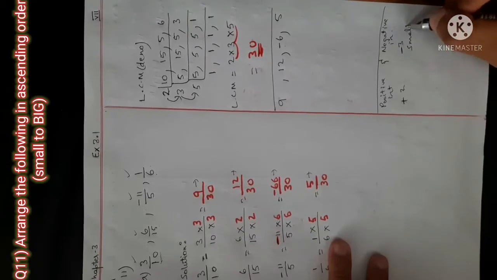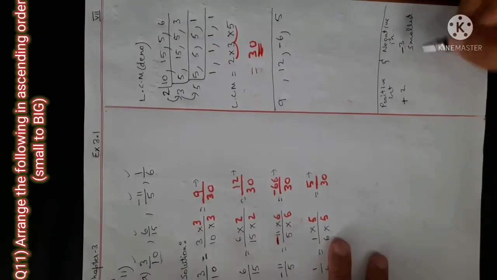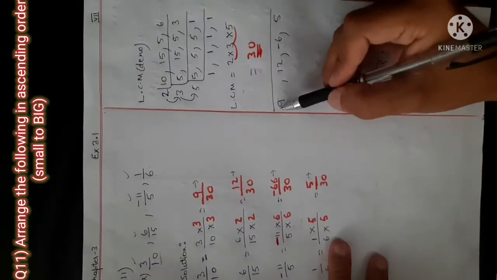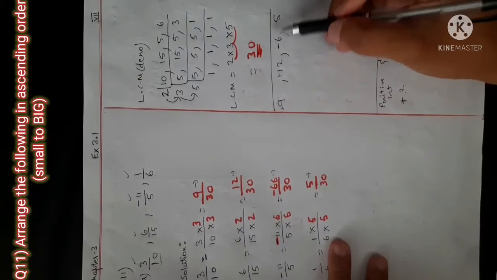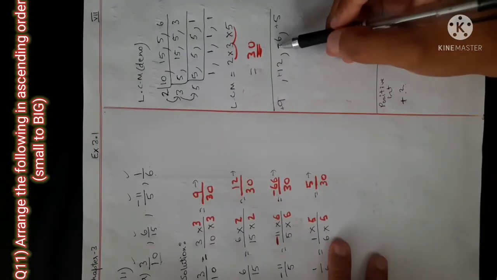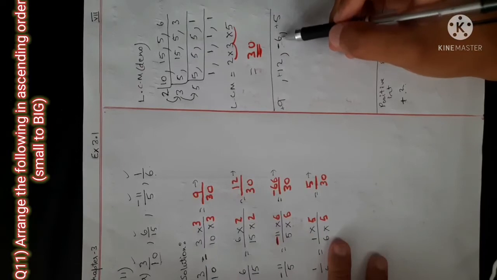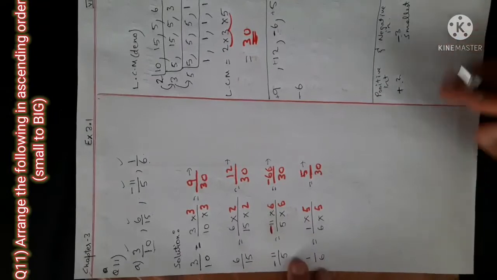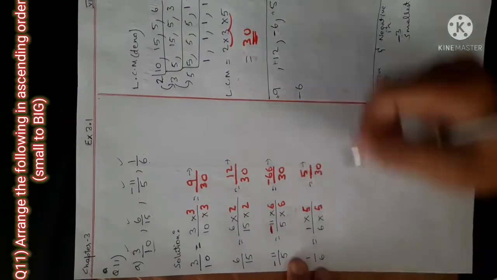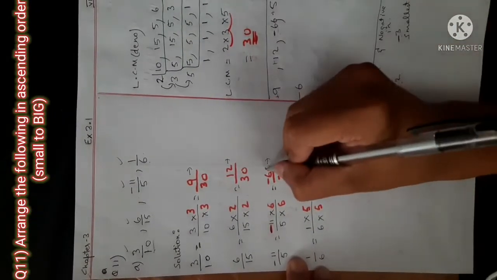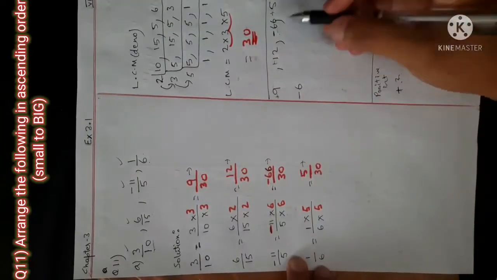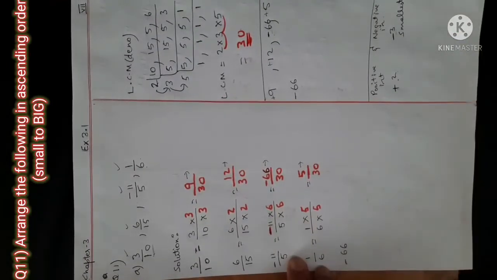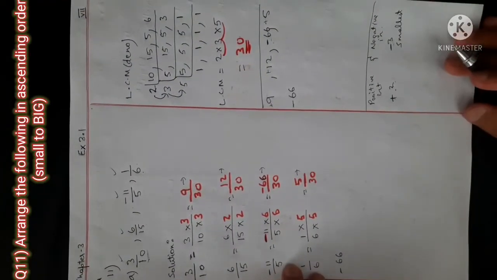Minus 3 will be smaller than 2. So here, since minus 66 is a negative integer and the others are positive, minus 66 will be the smallest. Remember, we have to write the smallest first.